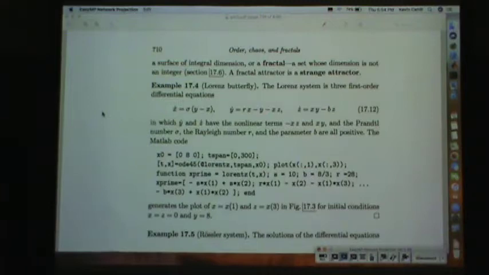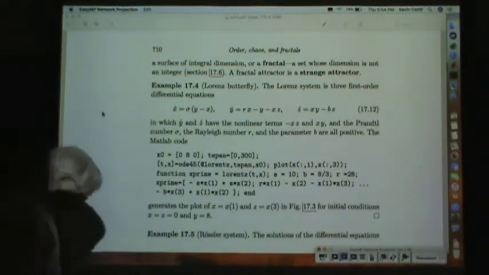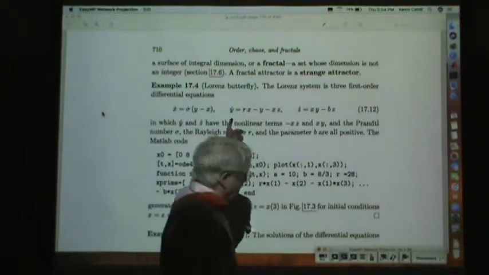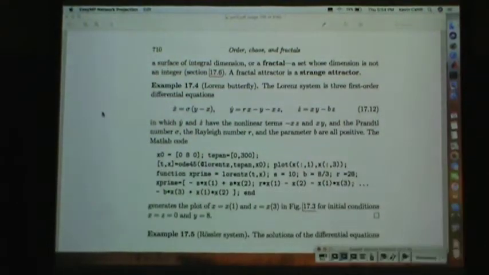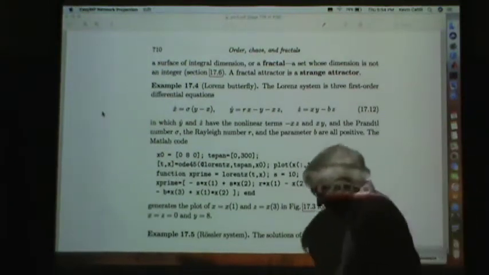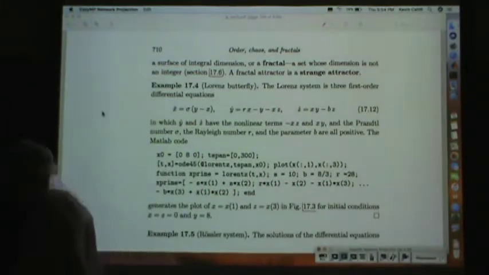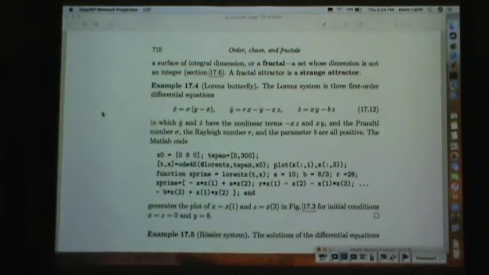Anyway, one of the most talked about examples of chaotic systems is one that was invented by Lorentz, who was actually studying weather, I think. Not weather in the sense of probability, but weather in the sense of snow and rain and so forth.